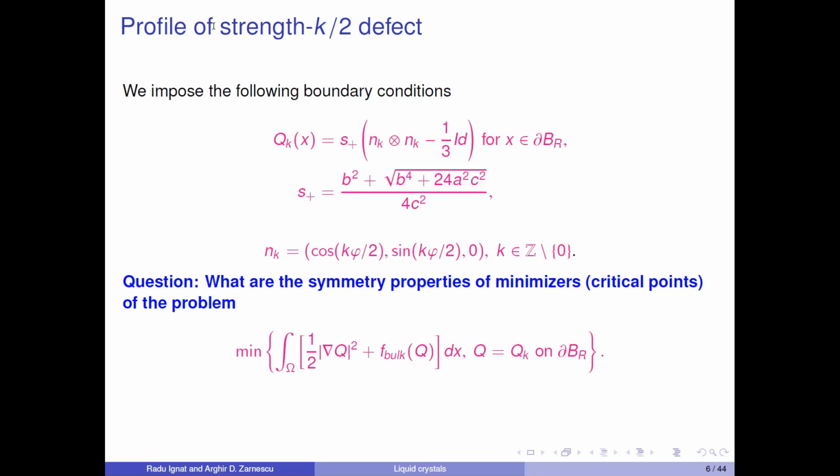And then you want to understand what the symmetry properties of these are. So how many ways can you go radially, say, how many types of radial solutions do you have for this kind of system?